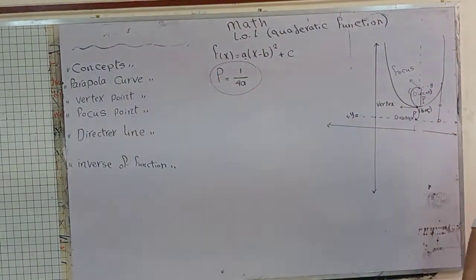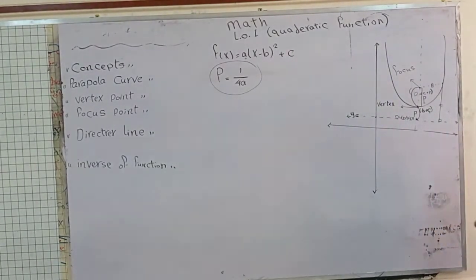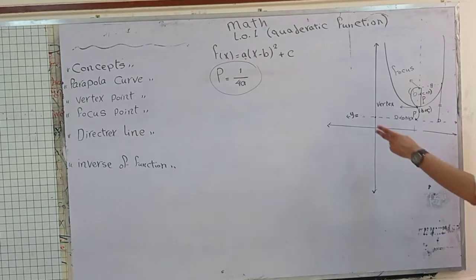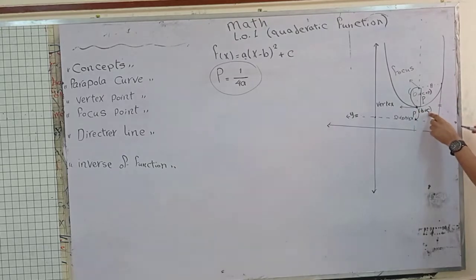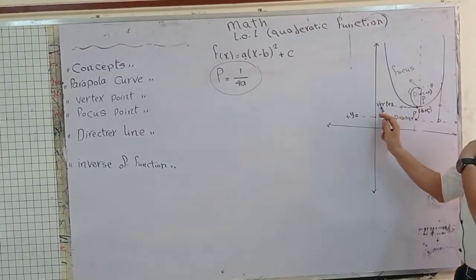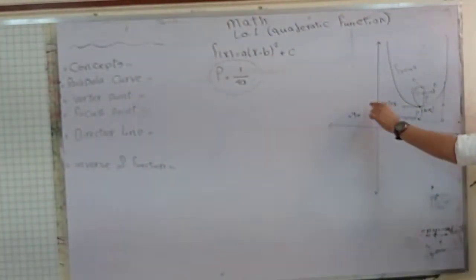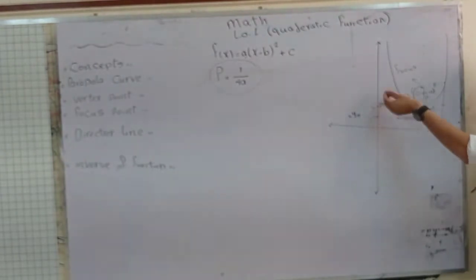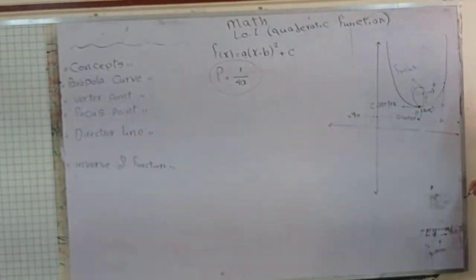Now you can get the directrix line equation. Y equal, if we suppose that the y coordinate here is C, that means this point will be C. This number will be subtracted with B. We will subtract B from this number.